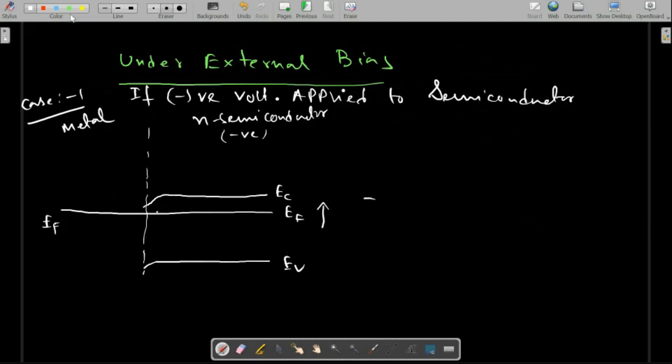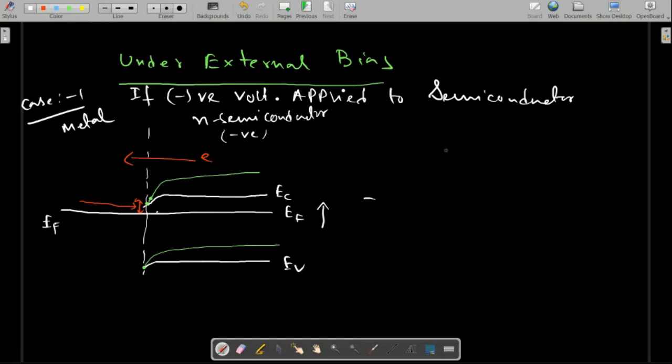I'm just drawing the same here; it will be like this. In that case again, there is no barrier, so electrons can easily move from this side to this side. On the other side a very little barrier exists, equal to this. So electrons can move on both sides.